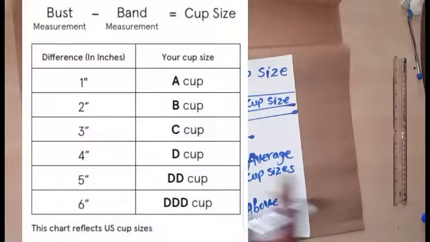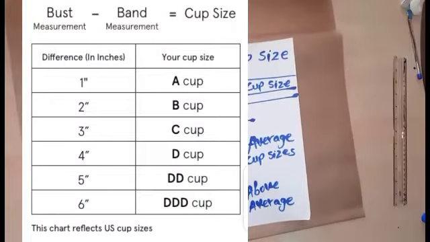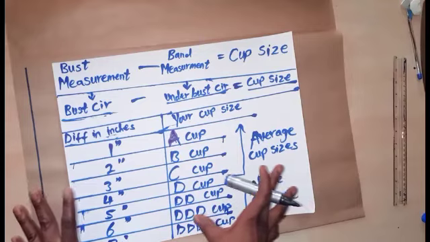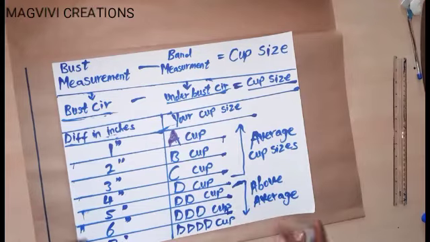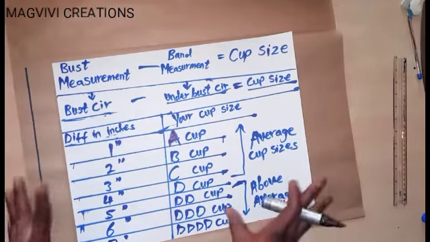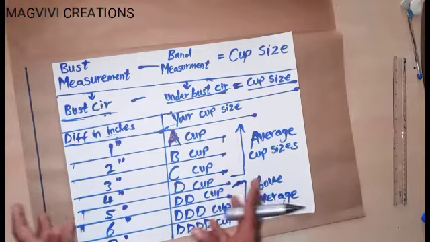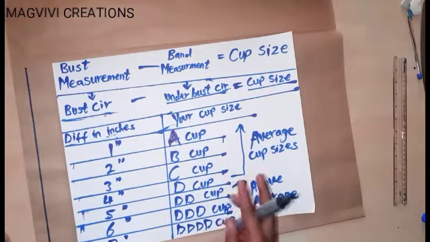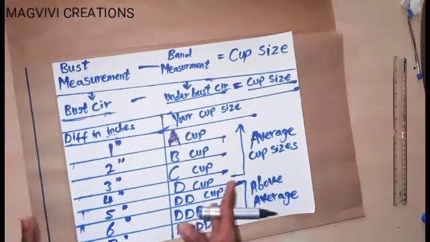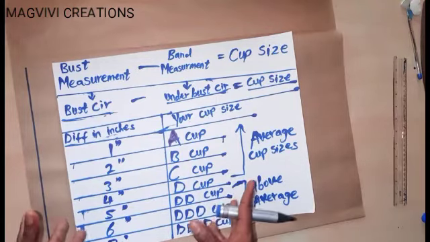Okay, so I have drafted this just like you can see on the screen, and I decided to also write it down for easy understanding. So you can see what we have here. To get our cup size, either for our bra or our bustier dresses, our bustier tops, you need to know the cup size. That's what we're dealing with today.